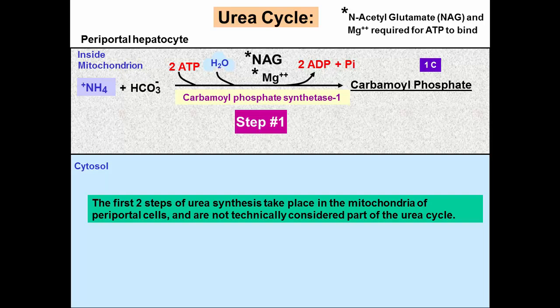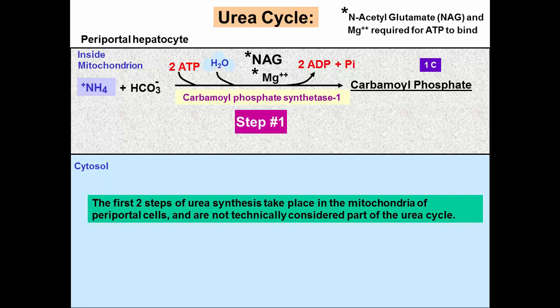If I didn't make the point well enough before, CPS1, carbamyl phosphate synthetase, absolutely requires N-acetyl glutamate, NAG. It cannot function without NAG. It's an allosteric activator.